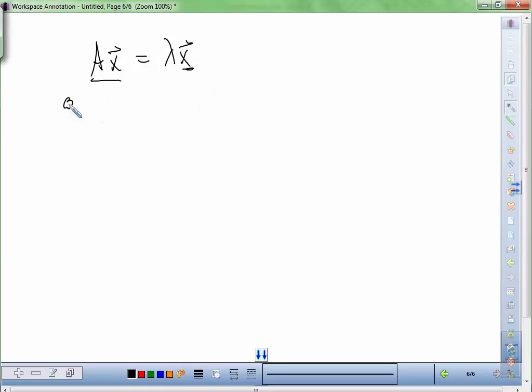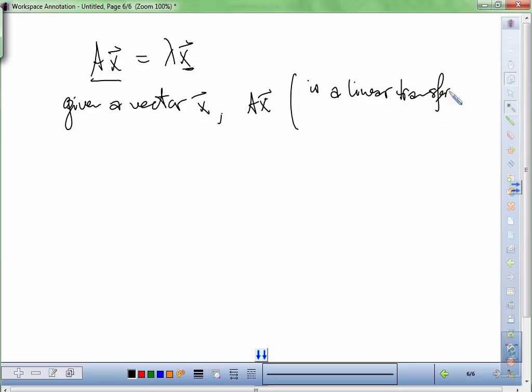So, given a vector x, Ax is a linear transformation, right? Because A is a matrix, and when you apply a matrix to a vector, you're essentially applying a linear transformation that takes a vector to another vector.